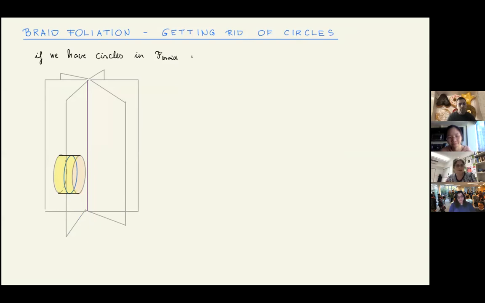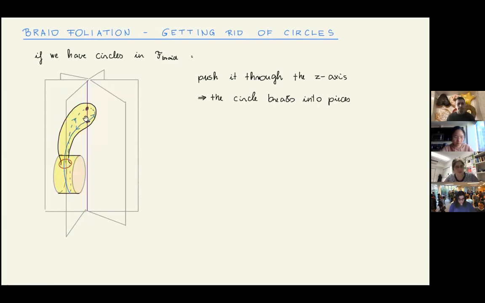And then you take just a part of the circle, and you push it with your finger through the z-axis. All right, so that's what happens. And then the circle you used to have is going to be cut into 3 pieces, 1, 2, 3. Even the orientation is changing on one side because you go to the other side of the surface.